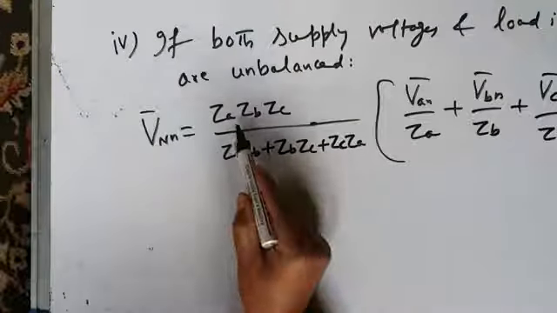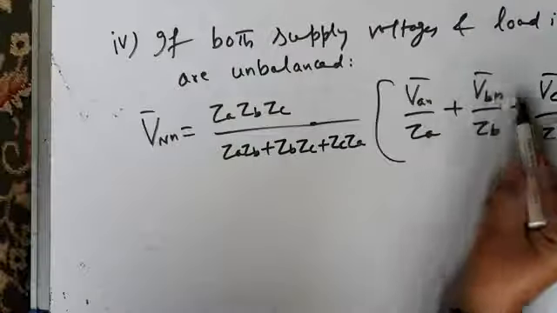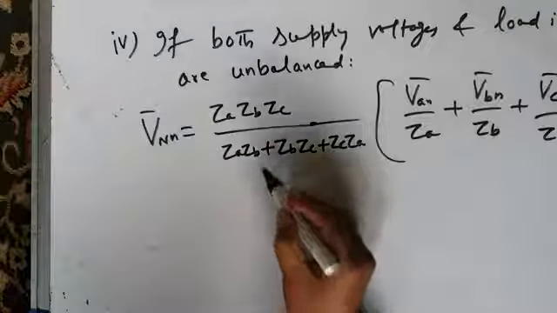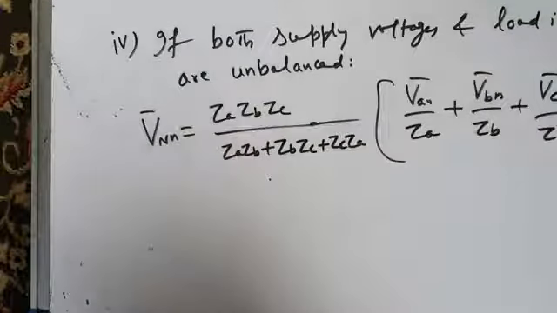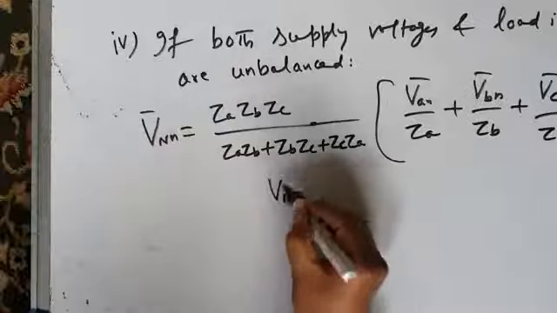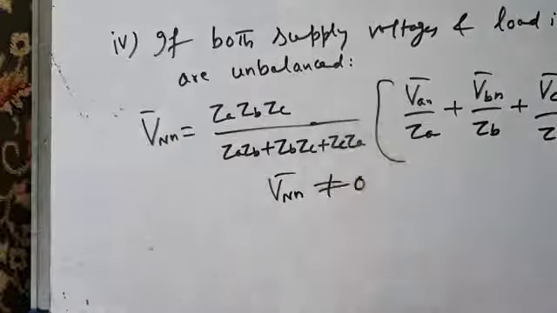Your impedances are unbalanced, your source voltages are also unbalanced. So in this case, this entire equation has to be used and you have to find VNN. And in this case also VNN will not be equal to 0.